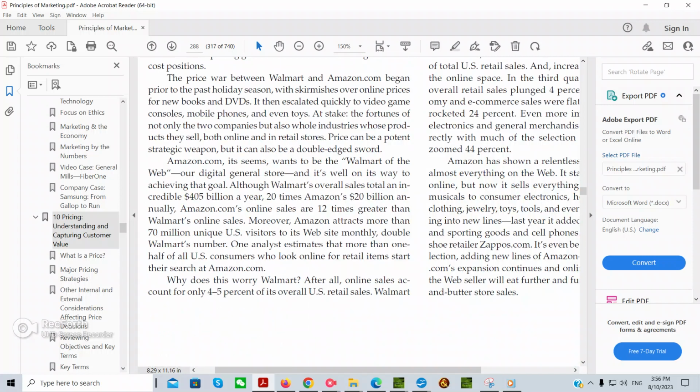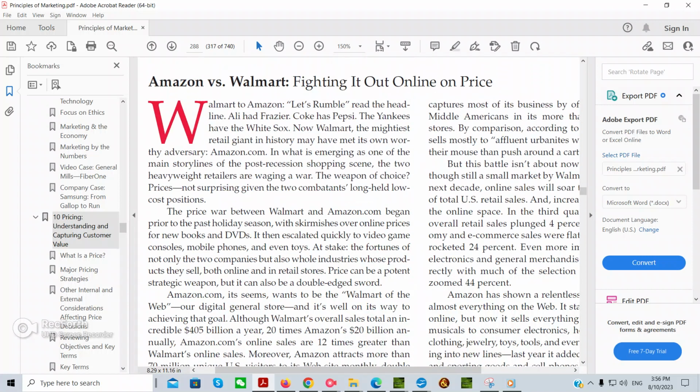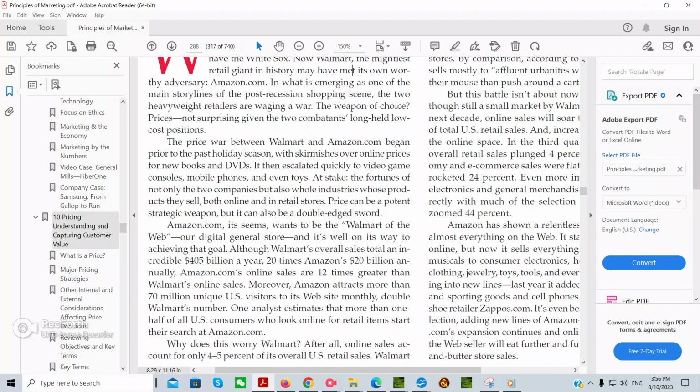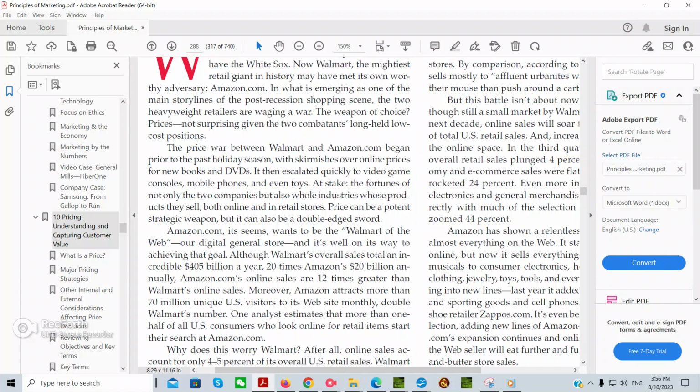I will leave it to you to read the case example about Amazon. Just understand that Amazon and Walmart have different pricing strategies based upon the medium that they choose. If you have a medium that's more expensive, then you have to price a little bit more, or you have to have loss leaders, like we told you, certain things that get you in the store, but other things that make up the difference.